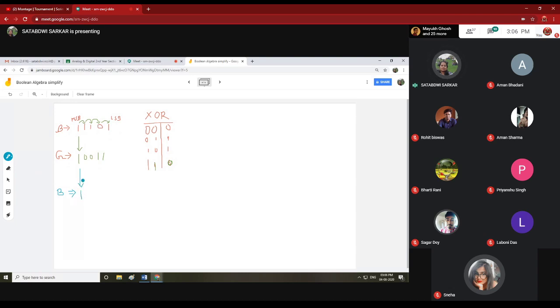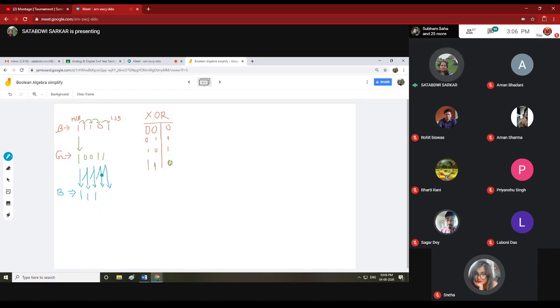Now we will do the XOR operation with this output. 1 and 0 are the inputs, so it is 1. 1 0 is 1, so it is again 1.